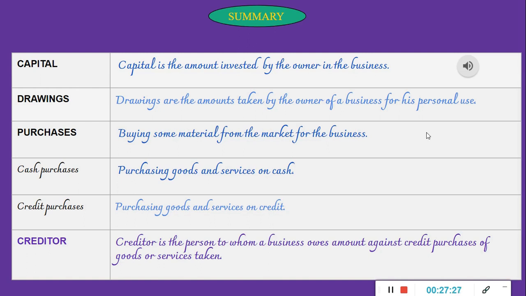Buying some material from the market for the business. Cash purchases. Purchasing goods and services on cash. Credit purchases. Purchasing goods and services on credit. Creditor. Creditor is the person to whom a business owes an amount against credit purchase of goods or services taken.